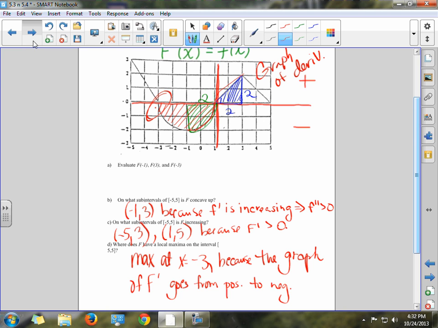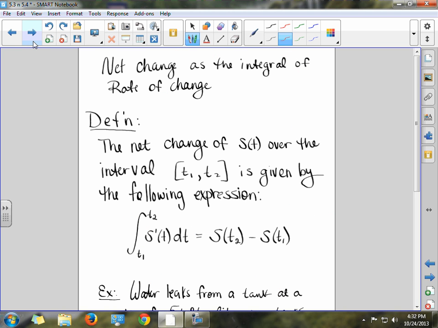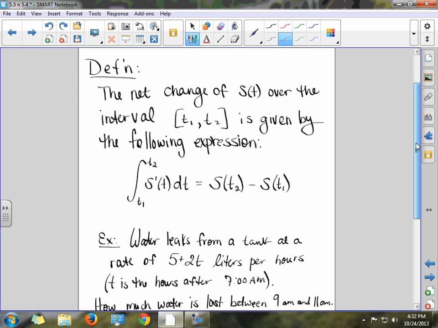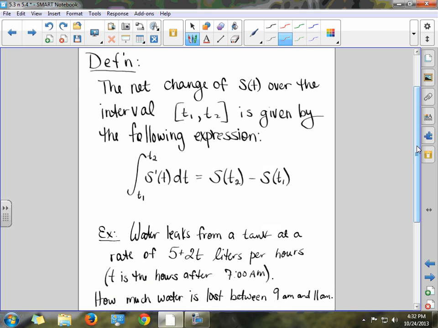So now I want to switch gears, and talk really quickly, we're going to breeze through this, about applications of integration, and how, if you're given a rate of change, you can find the net change because it's just the integral. If you're given a rate of change, you want the original function, you can take the antiderivative. So if you want the net change over an interval, then that's just your definite integral.